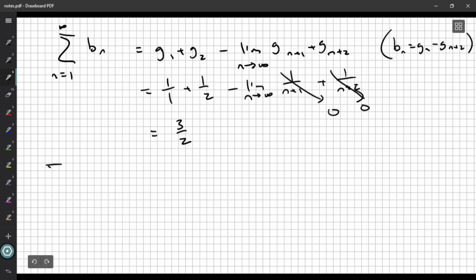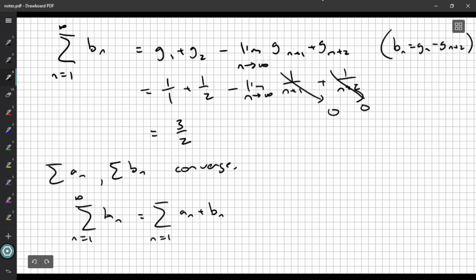So both the sum of the a_n's and the sum of the b_n's converge. And so we know that the sum of the h_n's should also converge, because the h_n's are just a_n plus b_n. If you've got a new sequence formed by pairing up and adding terms of two sequences, and their series converge, then the new sequence's series converges, and it converges to the sum.